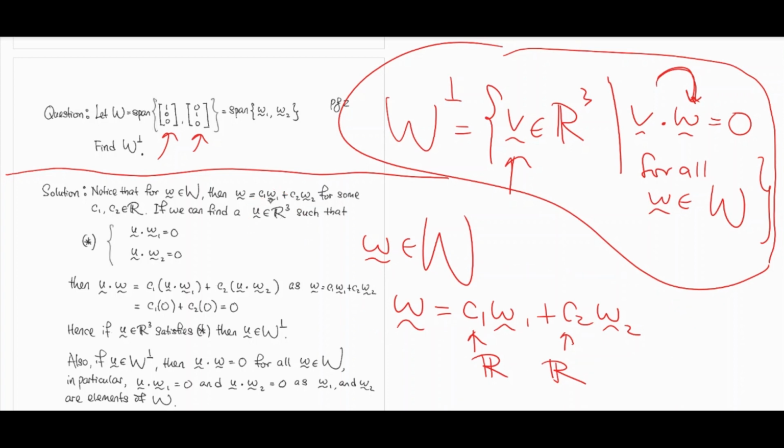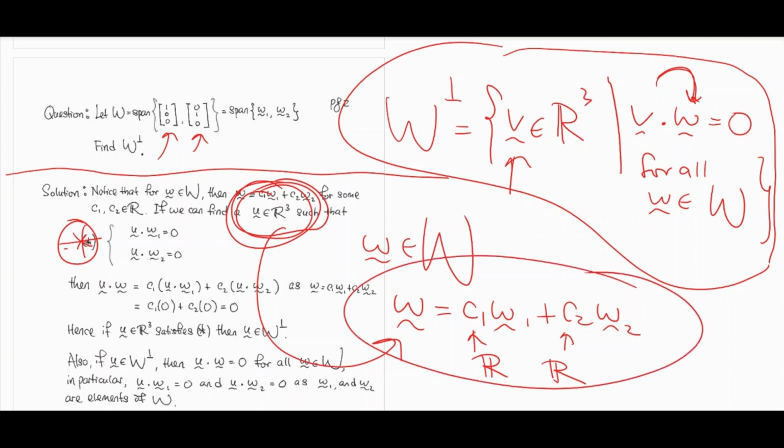I am saying if you can find a vector u in R3 with this property that I call property star, where u and w1 are orthogonal and u and w2 are orthogonal, then this vector u must be orthogonal to a vector w that is written as c1 w1 plus c2 w2.